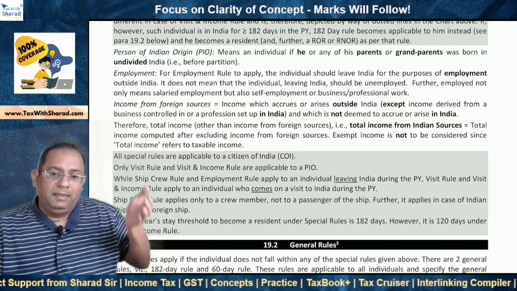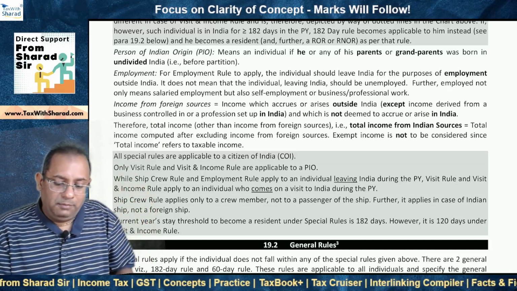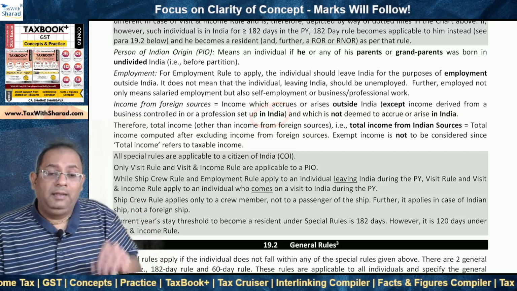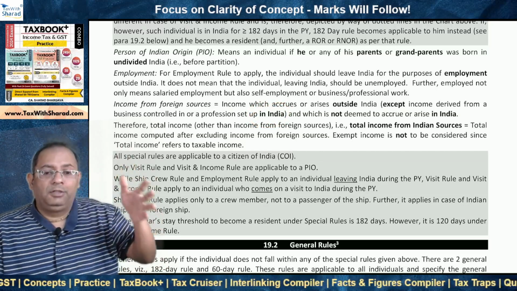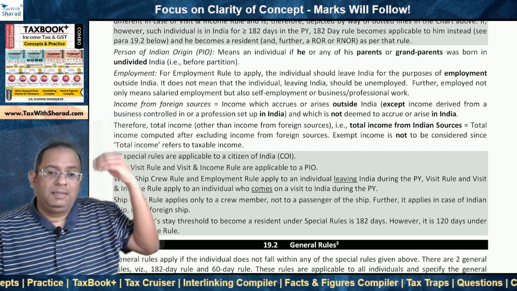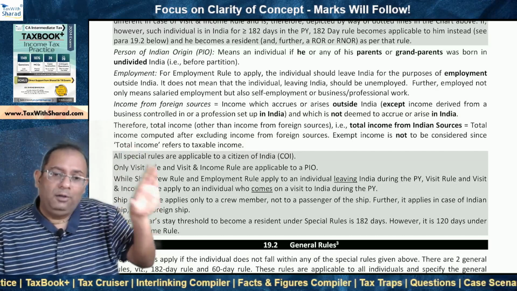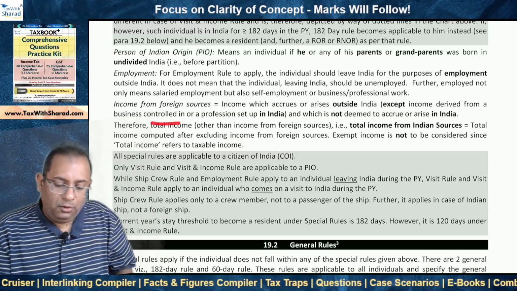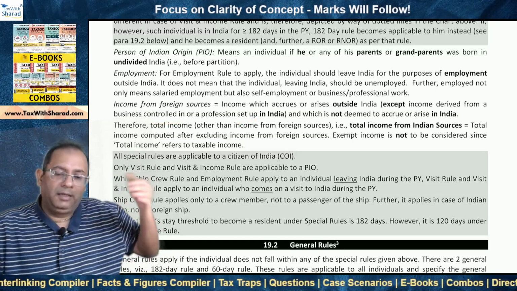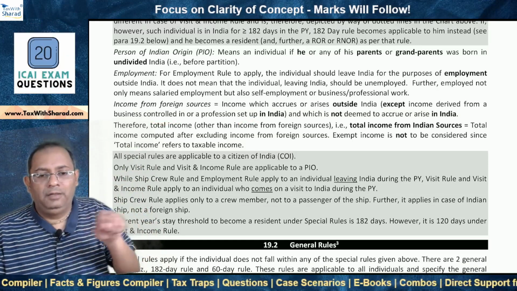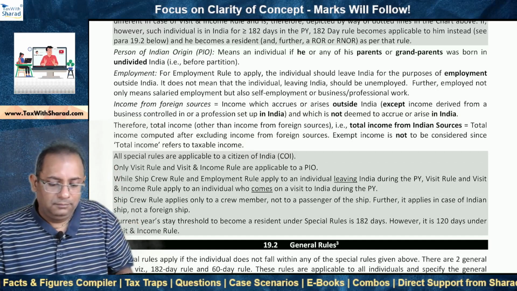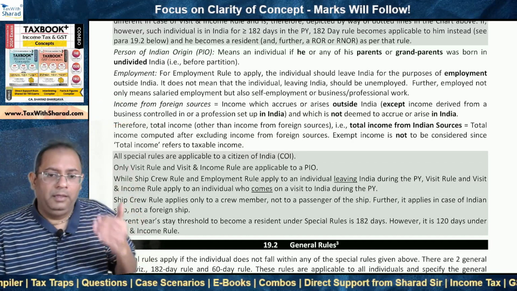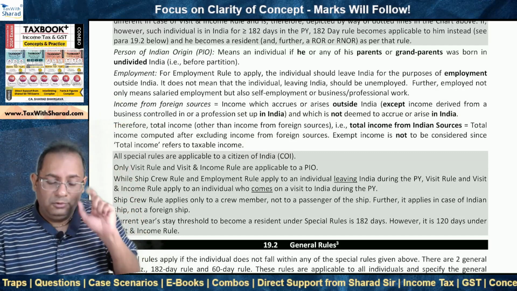Because there is a nexus with India, because the business is being controlled in India or the profession is set up in India. So the connection is with India, and therefore it will be treated as Indian income. So this is income from foreign sources. You need to compute it accordingly. We will look at an illustration and see how to compute this.